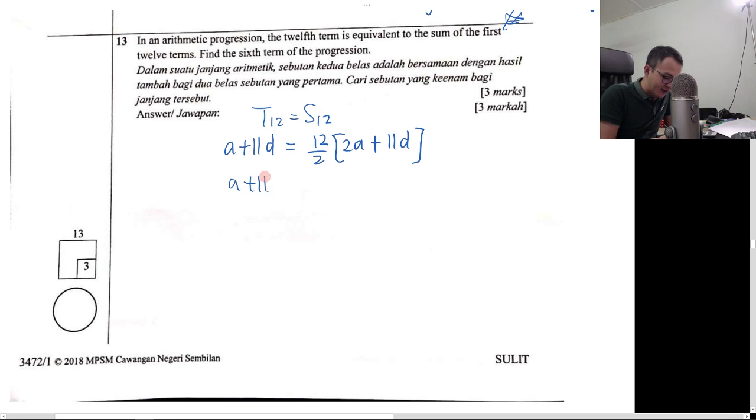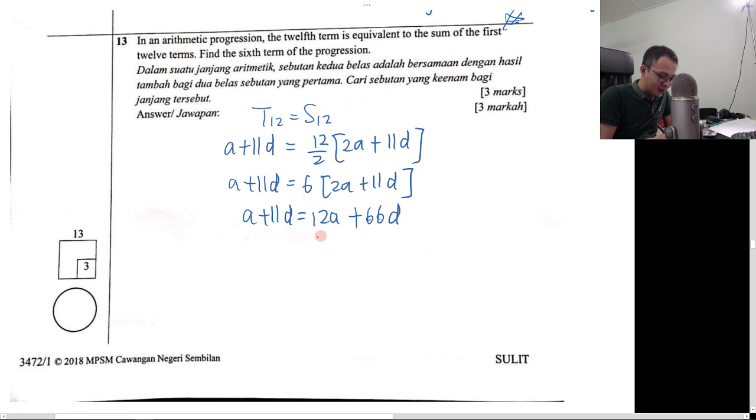So a plus 11d equals to 6 times 2a plus 11d. So a plus 11d equals to 12a plus 66d. So I move my a to the other side, I get 11a. I move here, I get negative 55d. So a should equal negative 5d.